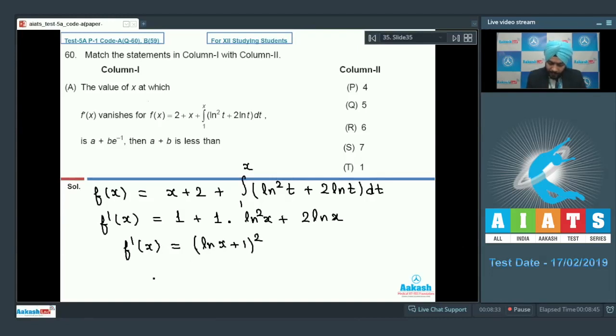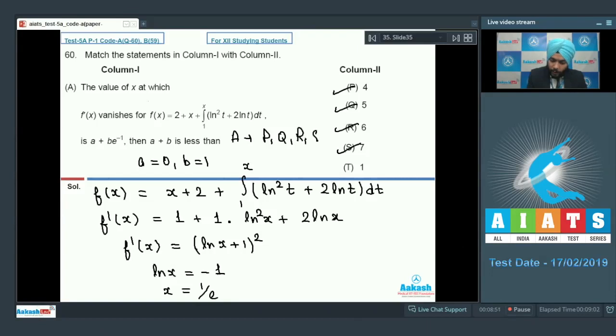Obviously, if f dash x is 0, ln x is minus 1, x is 1 by e, which gives you a equals 0, b equals 1. A plus b is less than P, Q, R, S. So A matches with P, Q, R, S, because a plus b is 1, and 1 is less than 4, 5, 6, 7. Okay, let us move on to the next part.